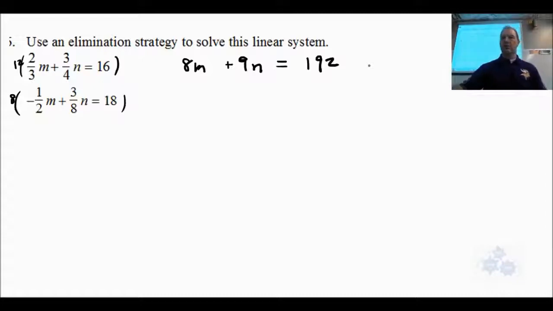Check my mental math there. 12 times 16. 8 times negative 1/2 is negative 4m. 8 times 3/8, that's 8 over 8 is 1, so that's just 3n. Equals 8 times 18, which is 144.